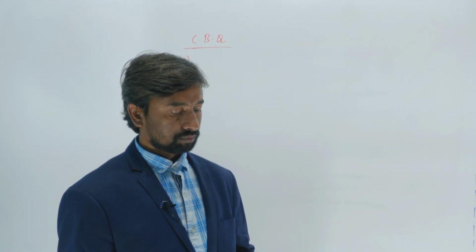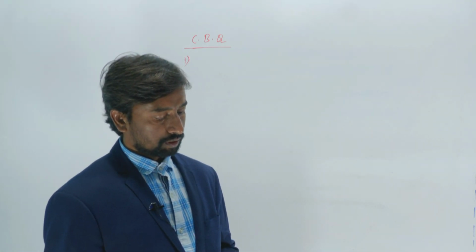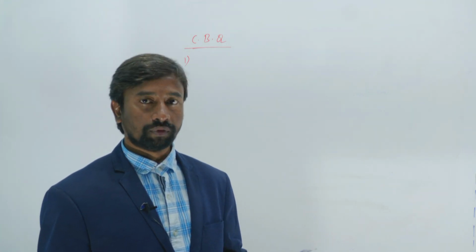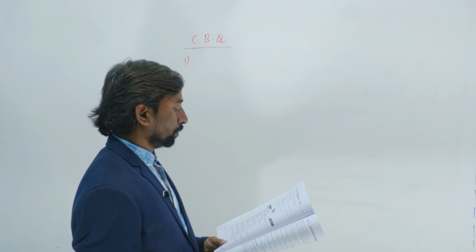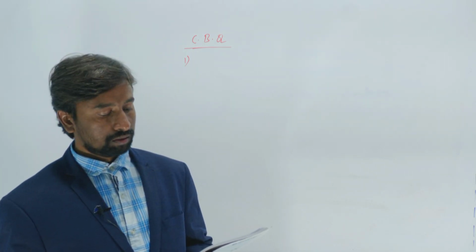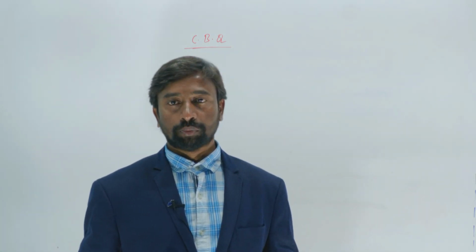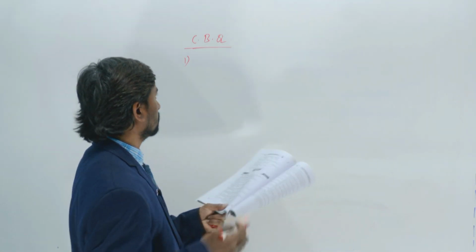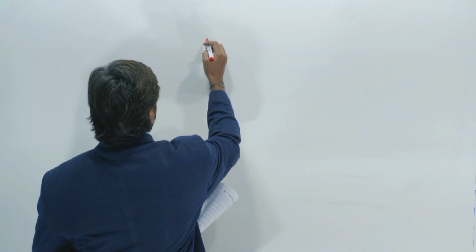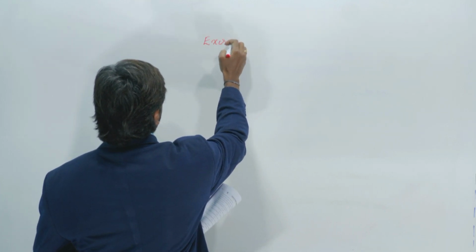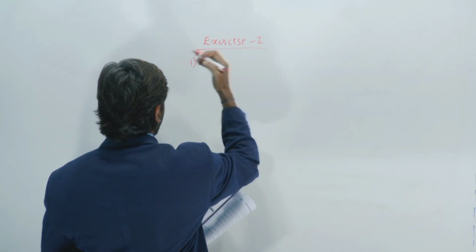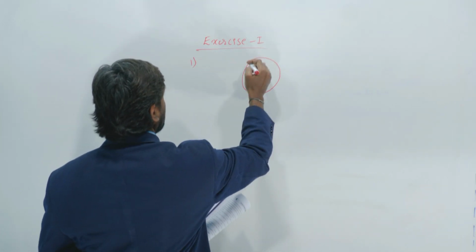Exercise 1. Multi-choice questions are there. First question you see here. If a body moves in a circular path and reaches back its initial position, then... So, a body moving in a circular path.